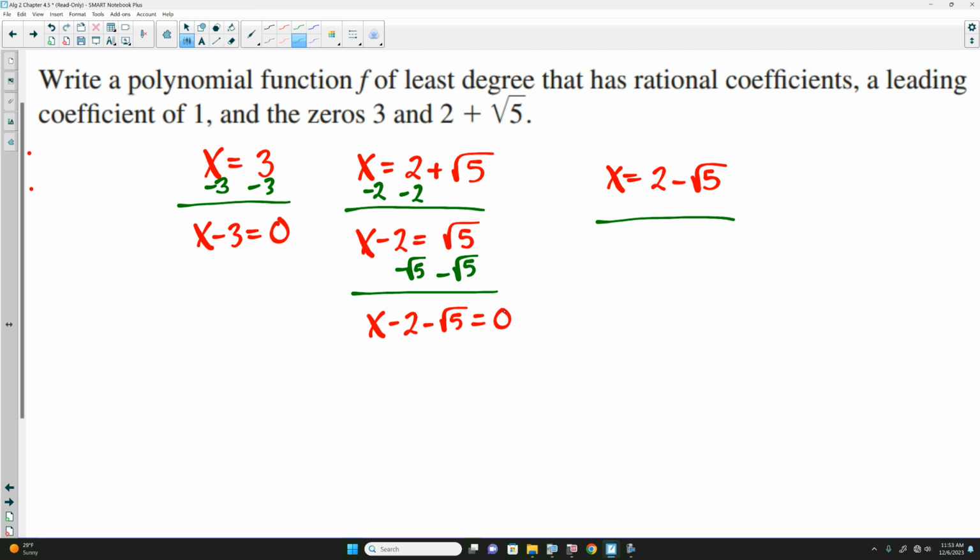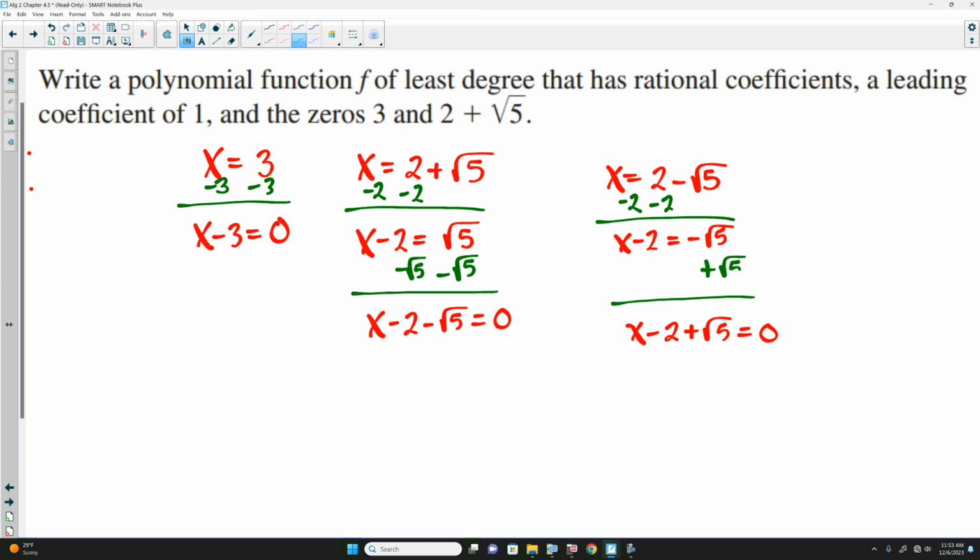Well, what's the only difference between that one and the next one? Square root of 5 is, so they should look the exact same, but the square root of 5 should have the opposite sign. Because the first step here would be to subtract 2. x minus 2 is equal to negative square root of 5.